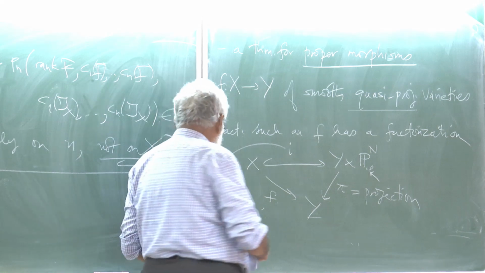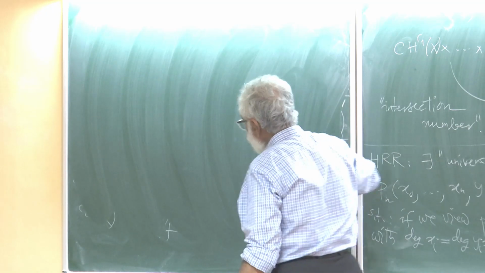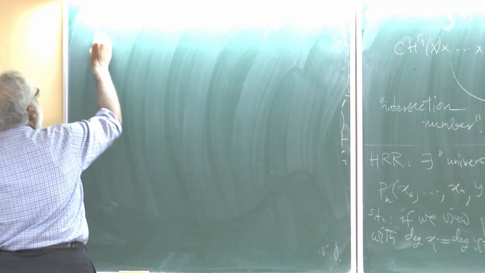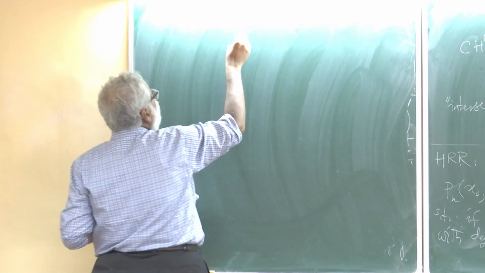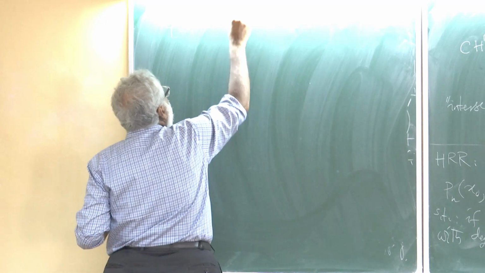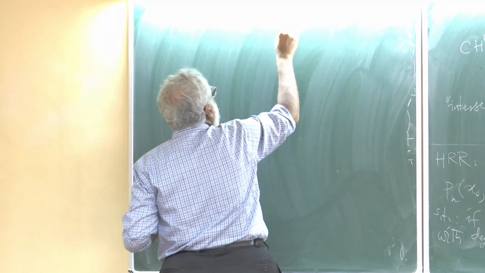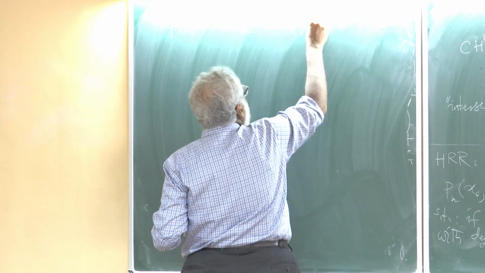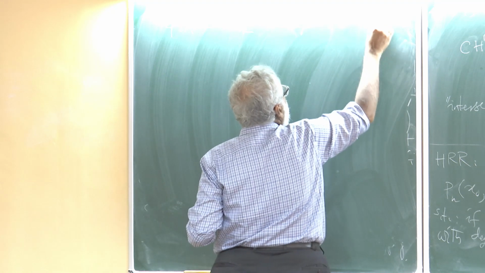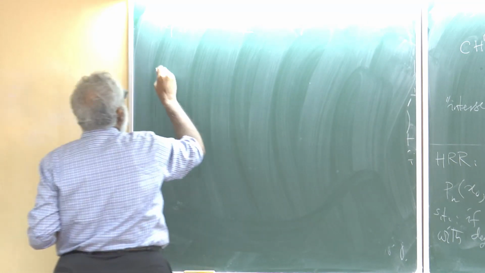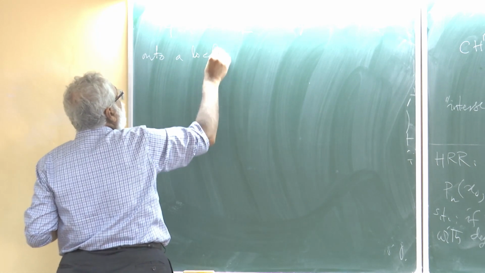Let me try to explain why this is correct. This is a key fact. I'm using the quasi-projectivity. So what you do is you choose phi: X to P^n, an injective immersion onto a locally closed subvariety.